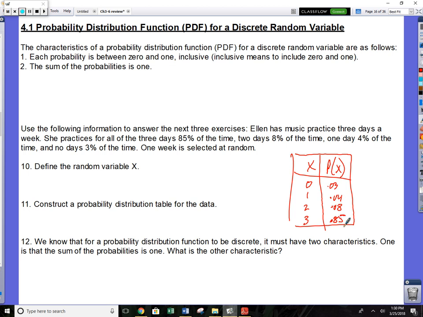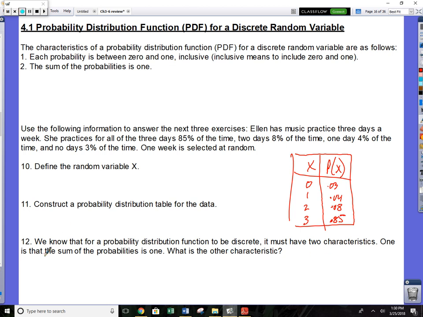So each outcome falls between 0 and 1. If you add them all up, 85 and 8% is 93, plus 7, so they sum and give you 100%. So 100% of the data is falling between 0 and 3 days. Okay, so 12, we know for a PDF it has to have 2 characteristics.